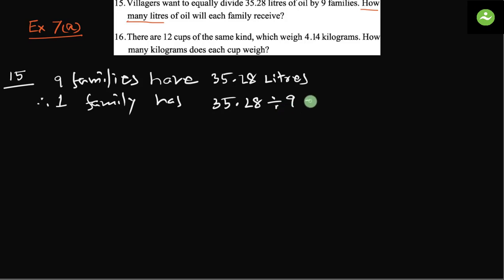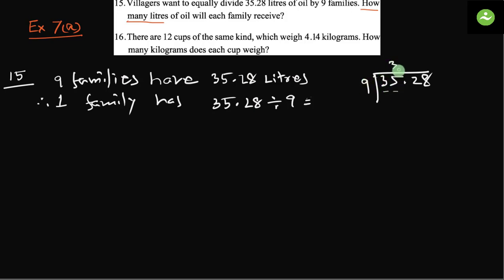35.28 divided by 9 equals how much? You have to do the division vertically. 35.28 divided by 9. First take one digit. Can we divide? No. Take another digit. Yes. 4 into 9, 36. That is bigger.